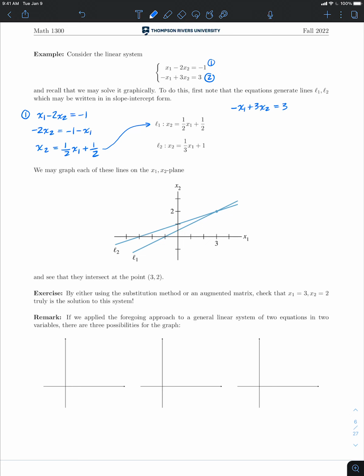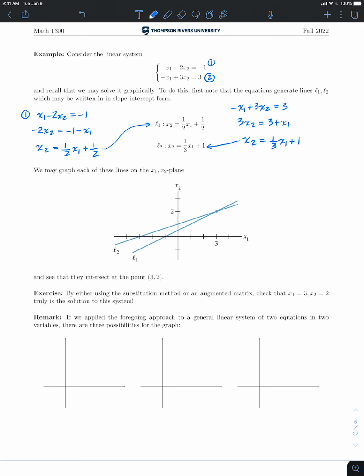I'll solve for x2 again. I'll add x1 to both sides of the equation, so I'm going to have 3x2 is equal to 3 plus x1. Then I'll multiply both sides of the equation by 1/3, and I'll get x2 is equal to 1/3. I'll reorder the terms as well, so the x1 term comes first. So I've got 1/3 x1 plus 1. That is where the equation for the line L2 came from.